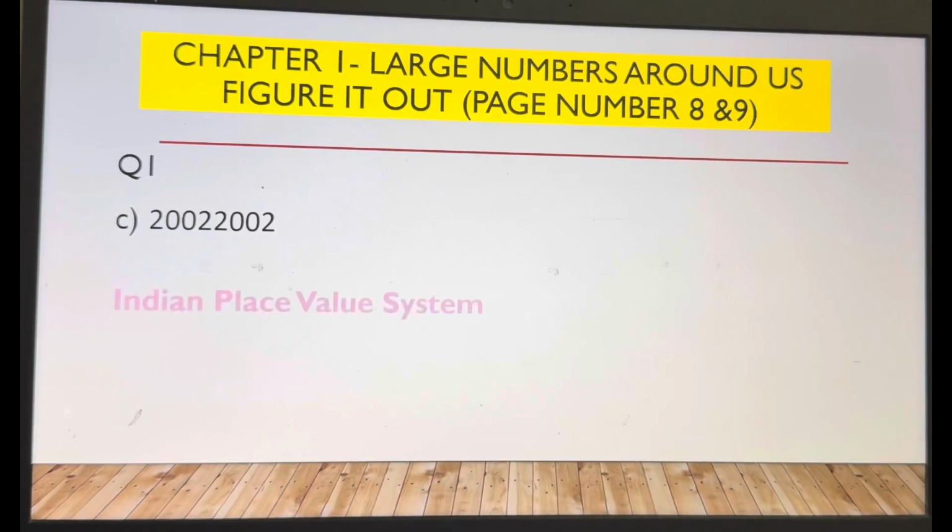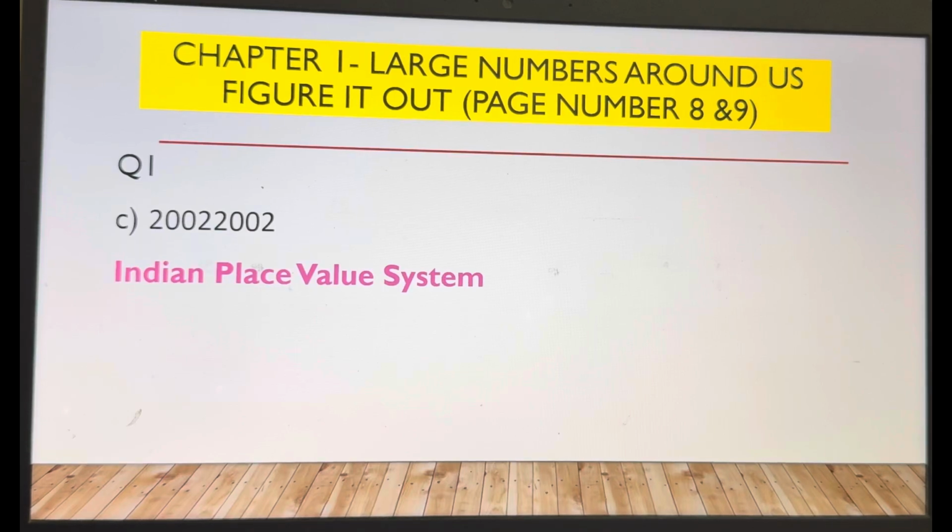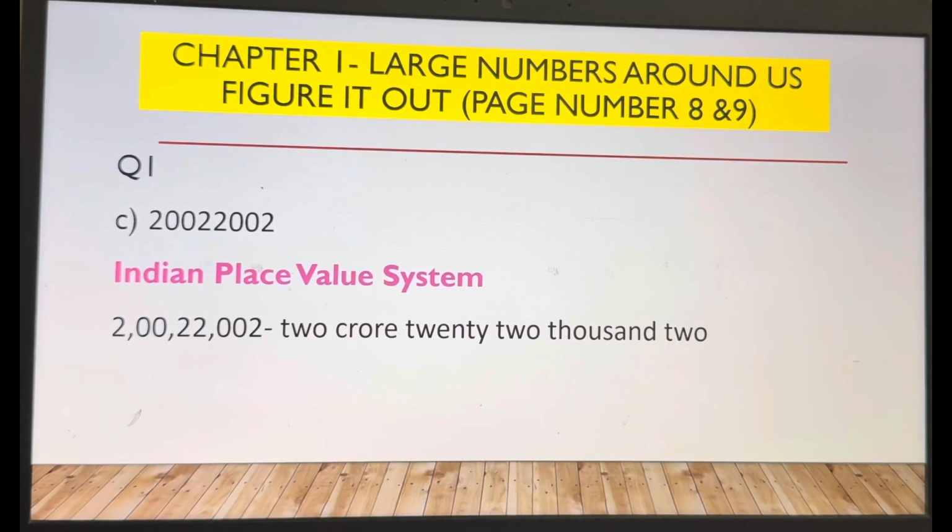So let us see the third question. First we'll do it according to the Indian place value system. The pattern is 3, 2, 2, 1. If you observe again, this is the ones block, then the thousands block, lakhs block and crores block. So this is 2 crore. There's nothing in lakhs, so we don't write anything. 22,002. That would be in the Indian system.